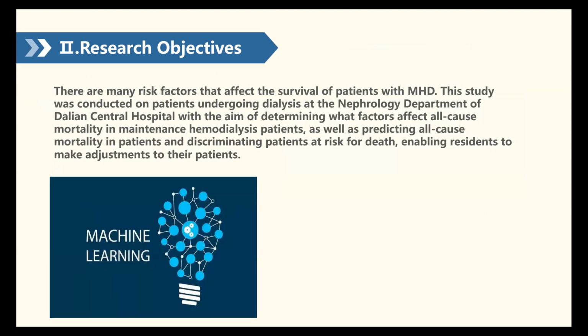Also, statistical methods such as Cox regression analysis and Kaplan-Meier are important tools for analyzing all-cause mortality in patients. However, most methods of this type have certain requirements or assumptions about the data, and models are built in an explicit mathematical form to test hypotheses based on the distribution of the data.